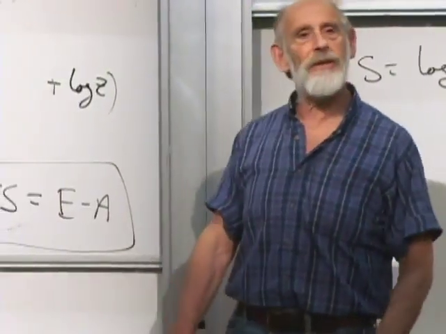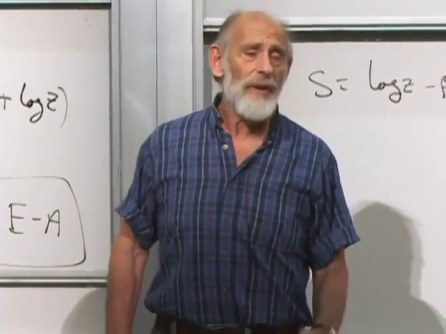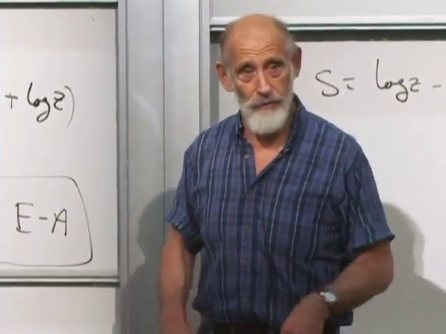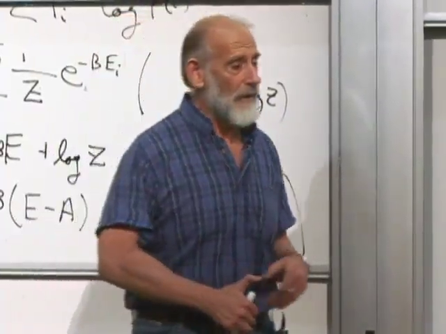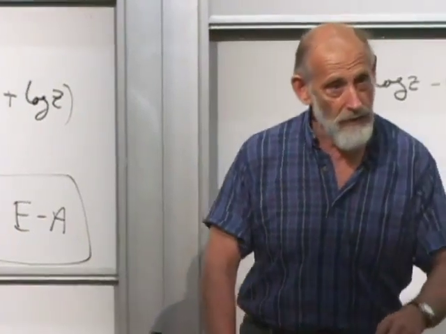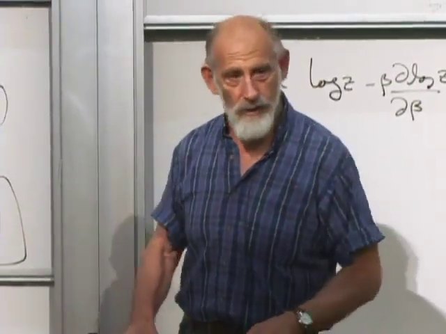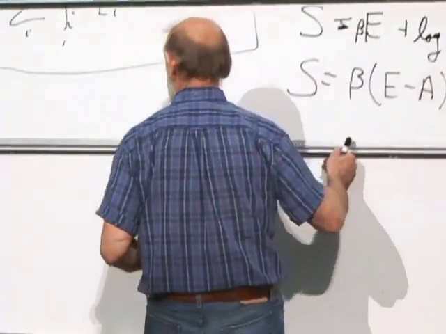I was going to jump into the ideal gas, but before we do that, let's do variances, statistical fluctuations, and see if we can learn something about the size of statistical fluctuations. What we'll find is that they're very small, but let's see if we can do that.